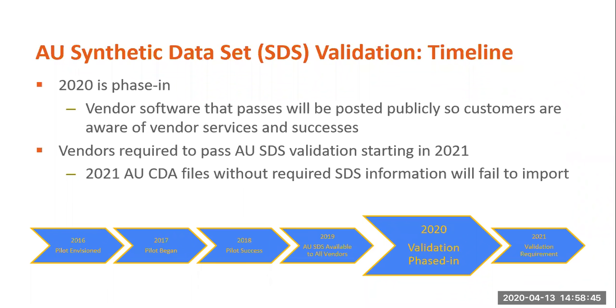This allows current and future customers to be aware of vendor services and successes with respect to the NHSN AU option validation. Please keep in mind that beginning in 2021, all 2021 AU CDA files that do not contain required SDS information will fail to import into NHSN. Next slide, please.